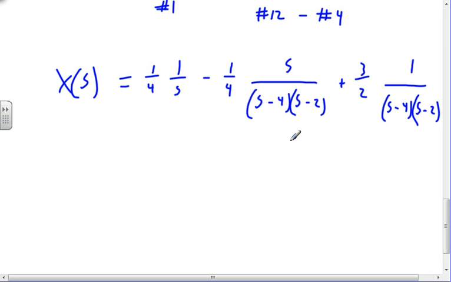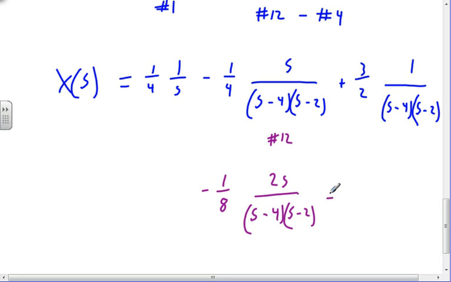Now I look at number 12, and number 12 has s minus a, s minus b, and so a is 4, b is 2. I'm looking at the wrong guy. I'm looking at 14 with an s in it. Okay, so a is 4, 4 minus 2 is 2, so I want a 2 on top. So minus 1/8 times 2s over s minus 4, s minus 2.